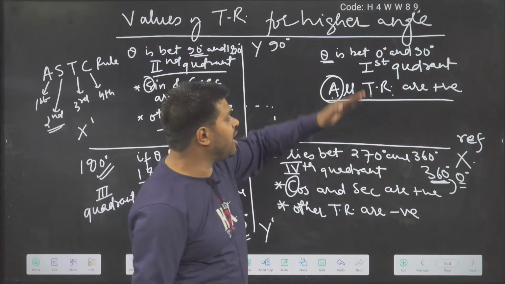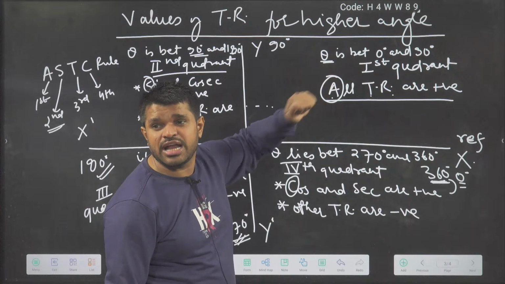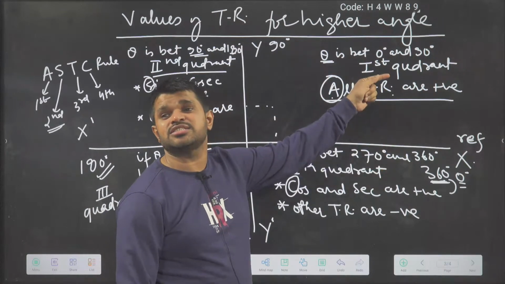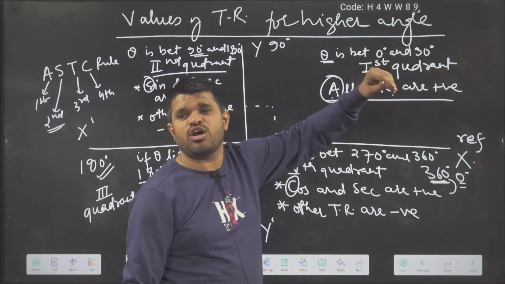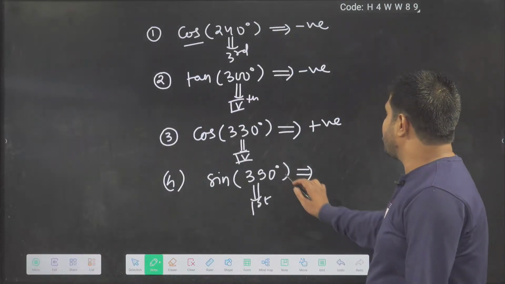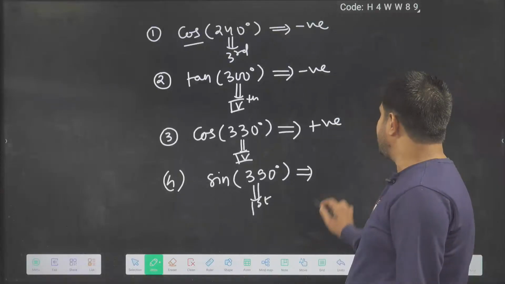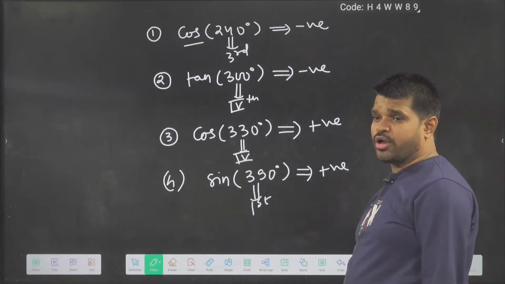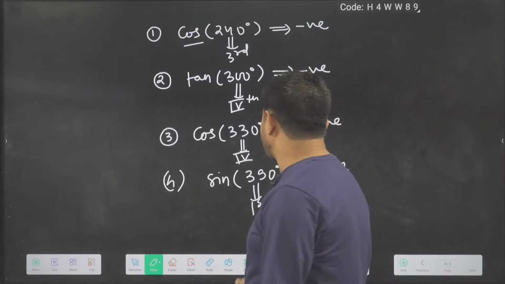So 390 will again bring you in which quadrant? First quadrant. In the first quadrant all ratios are positive. So sine 390 is also positive.